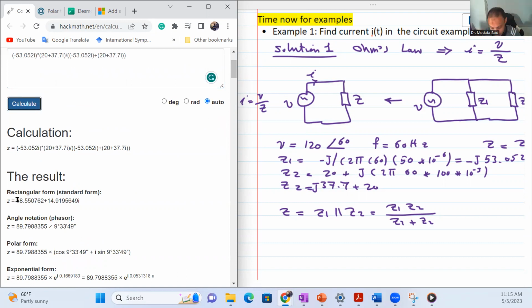And you have it in two forms, in the rectangular form and in the angular form, whatever you like. Here, we need the polar form because, as we learned last lecture, the polar form is very good and very easy to use in multiplication and division.